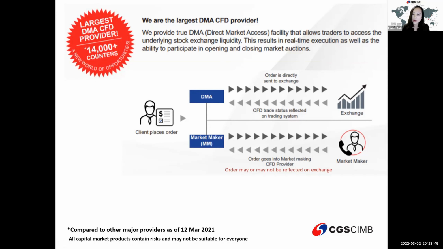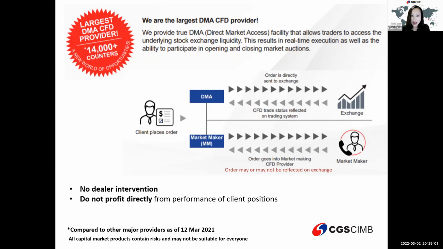The order will be done as a cash equity order, and then it's sent back and we convert it into a CFD contract for you. So the order goes directly to the exchange. There's no intervention from the dealers, and we do not profit from clients' orders.